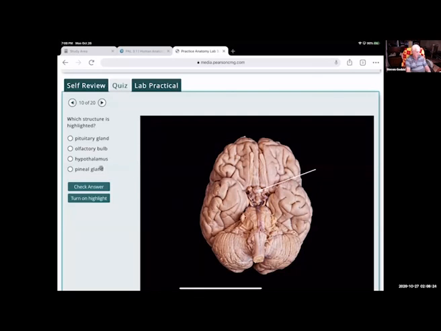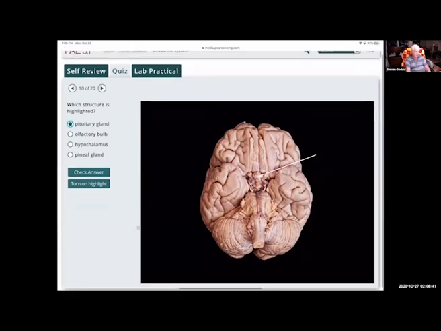Those are your olfactory bulbs. The hypothalamus you can't see, it's underneath there, and the pineal gland you can't see either. But you can see your cerebellum, the cerebrum, the pons right here, and the quadrigemini right in there.